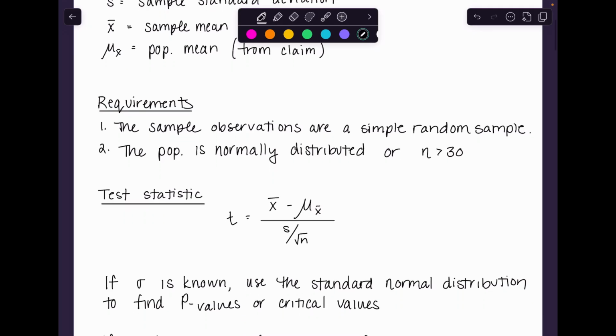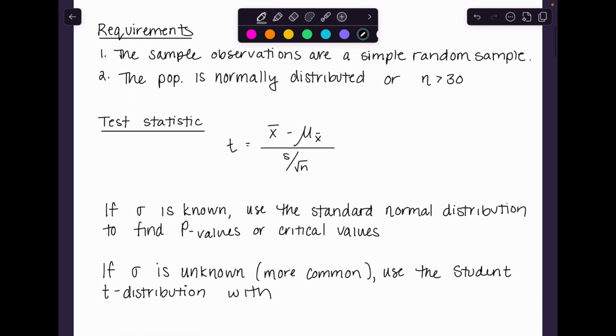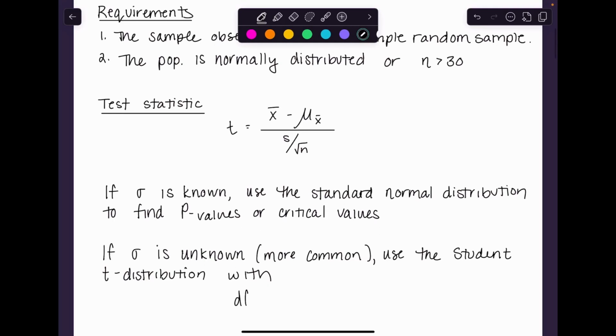Now, in the case that you actually do know the true population standard deviation, then that test statistic is going to follow the standard normal distribution. But again, that's really unlikely that you know the population standard deviation, but not the true mean. So more often, when sigma is unknown, that's when we use our t distribution with that degree of freedom being one less than the sample size, okay?